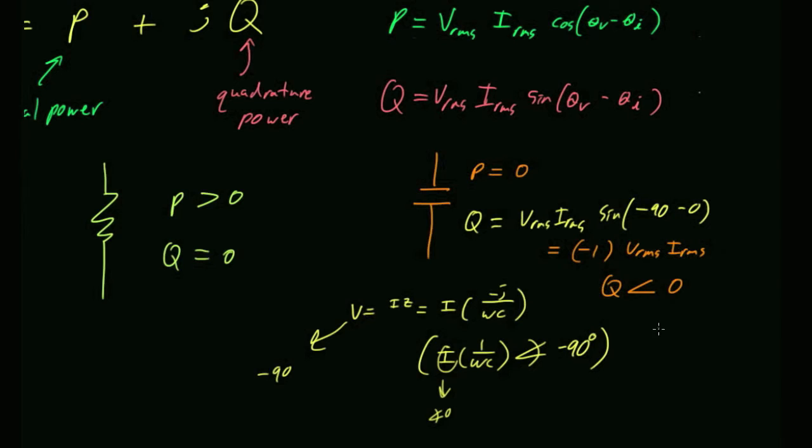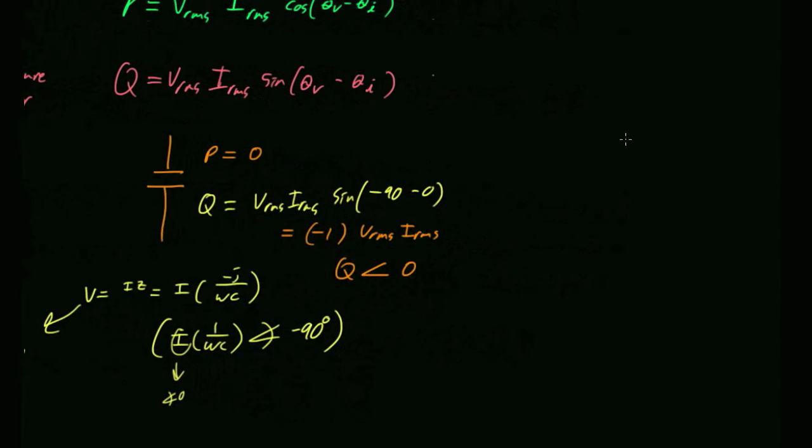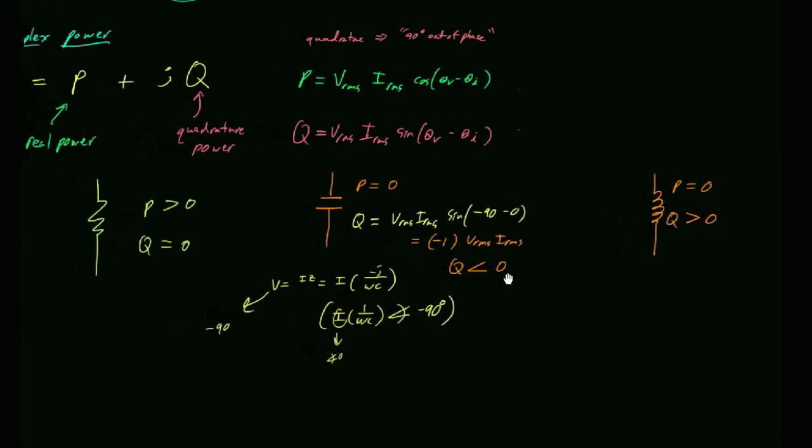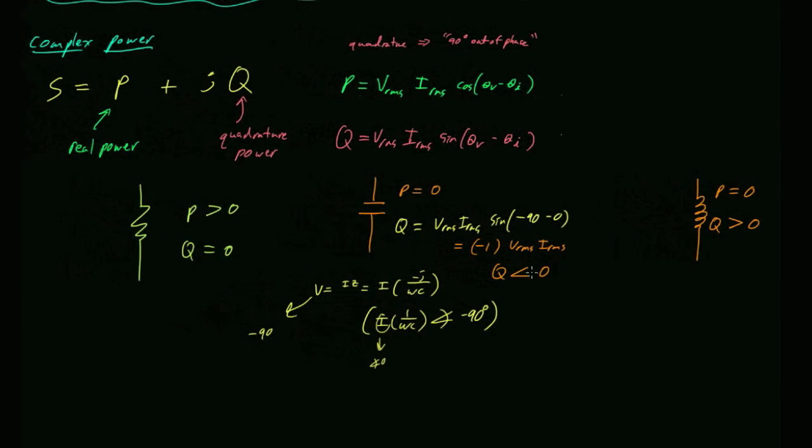And for an inductor, the real power is 0, and the quadrature power is positive, for just the opposite reason. So you have this pretty elegant derivation, and again, the book goes into this in a decent amount more detail. I'm just trying to give you the background you need to make sense of the examples in the book.